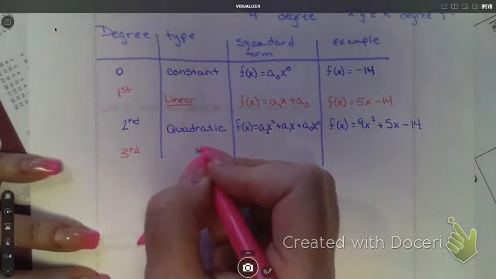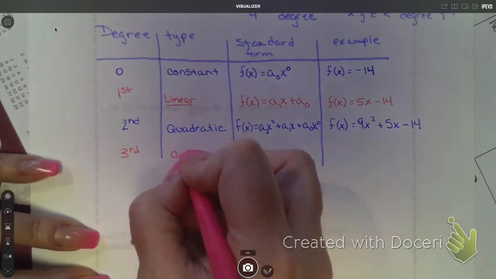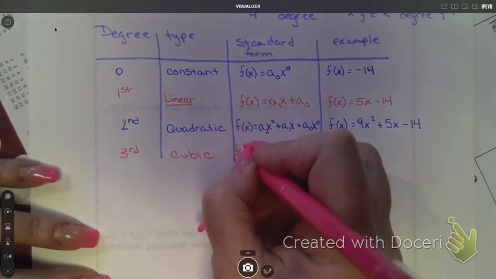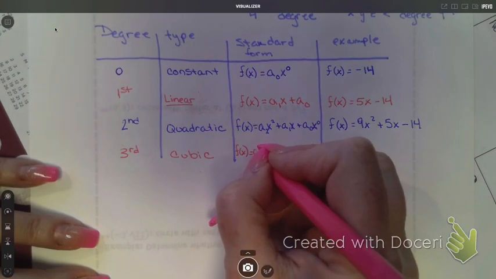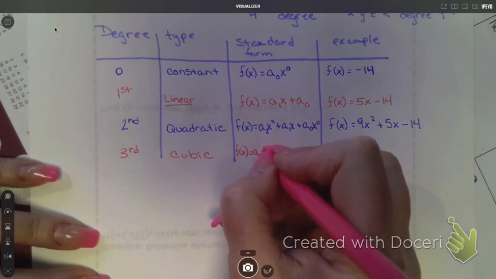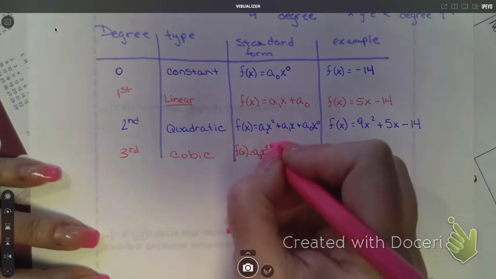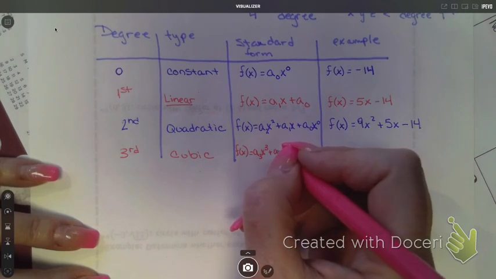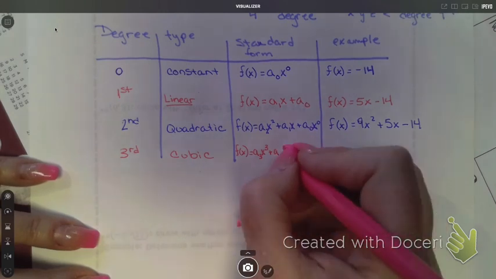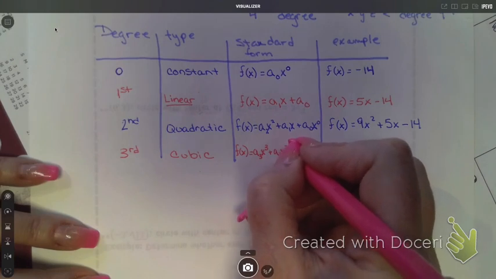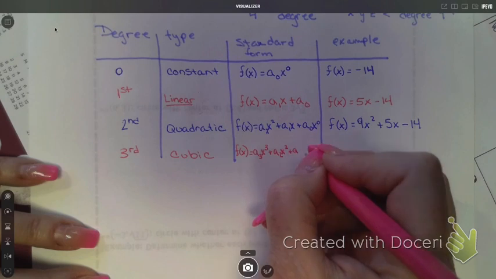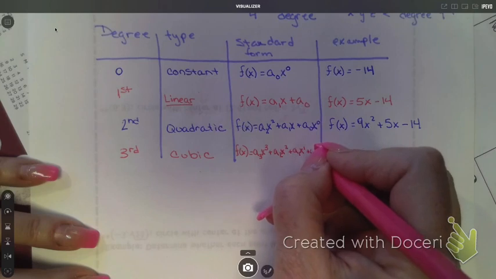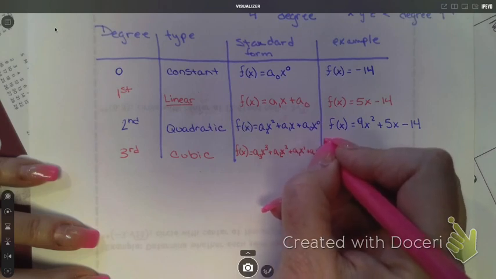Now we have a third degree, which is cubic. Anybody guess what this one's going to look like? Three degrees: a sub 3 x to the third, plus a sub 2 x to the second, plus a sub 1 x to the first, plus a sub 0 x to the 0.